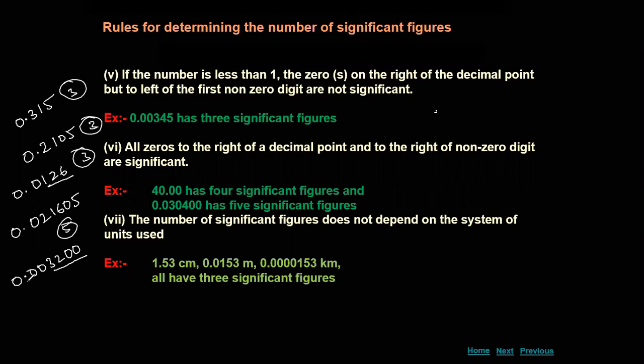When the overall value is less than 1, we should see whether the zeros are before the non-zero digits or after. These are before non-zero, so these are non-significant. These are after a non-zero digit, so these are significant. Even though those are trailing zeros, it is coming with a decimal, so these trailing zeros are also significant in the decimal case.